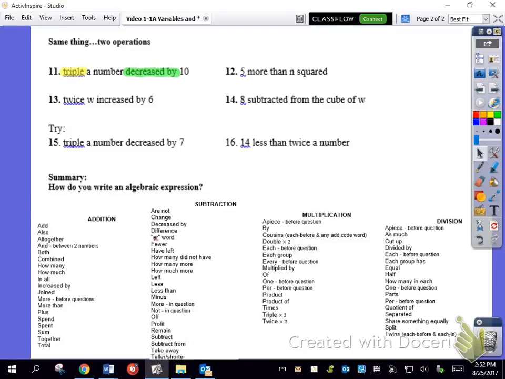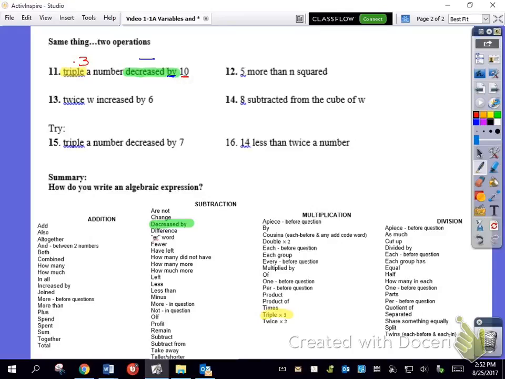Triple a number decreased by, well, decreased we know is subtraction. So this is going to be my subtraction. It says by, so I do not switch my numbers. Triple. Where do we see triple? Triple means times 3. So I'm going to multiply this by 3. Now, you're supposed to look for numbers or variables. I see my 10.